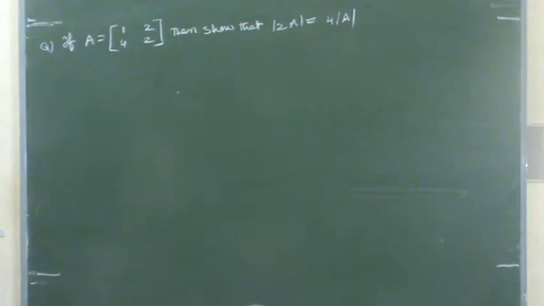Then show that the determinant of 2A equals 4 times the determinant of A.